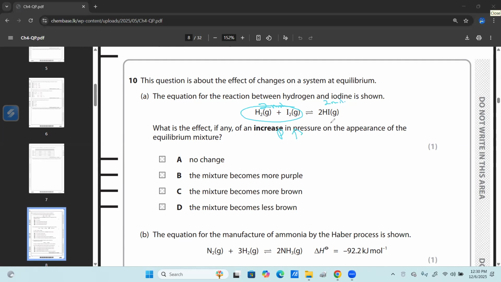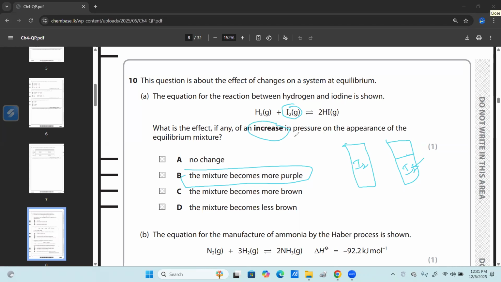When you increase the pressure, we can't say anything shifts, because when we have 2 moles and 2 moles, the pressure is equal. But when you increase the pressure, because of the color of iodine, you can see it becoming more purple. For example, if you have only iodine vapor and you're increasing the pressure, that means you're decreasing the volume. Then it appears more purple because the volume is reduced. The only way we can increase the pressure is by reducing the volume.